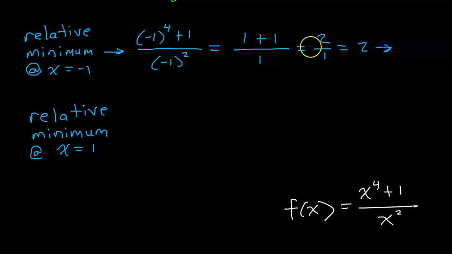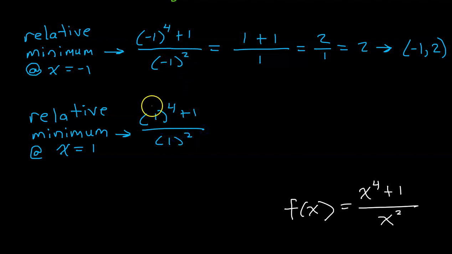So that means that we have a relative minimum at the point negative 1 comma 2. Let's do that again, evaluating at x equals 1. Right away you're going to see that nothing actually changes here. Because of the even powers, whether it's positive 1 or negative 1, you're going to get the same exact thing. So that means we have another relative min at 1, 2.